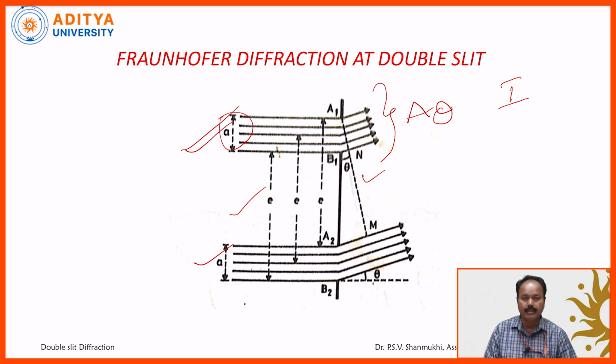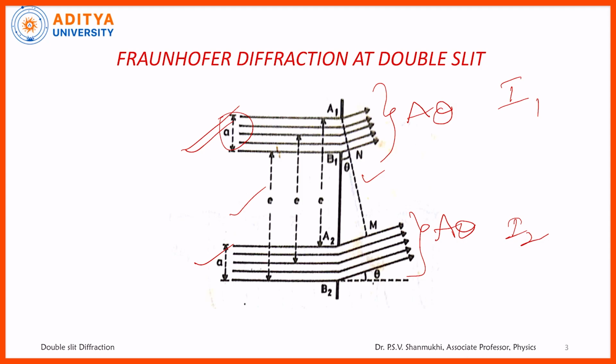At the second slit, here also there is a bending of light rays, and the resultant amplitude is given by A theta, and here the intensity is given by I2, previously it was I1 say. Anyhow, this is one diffraction pattern due to single slit, this is another diffraction pattern due to single slit.